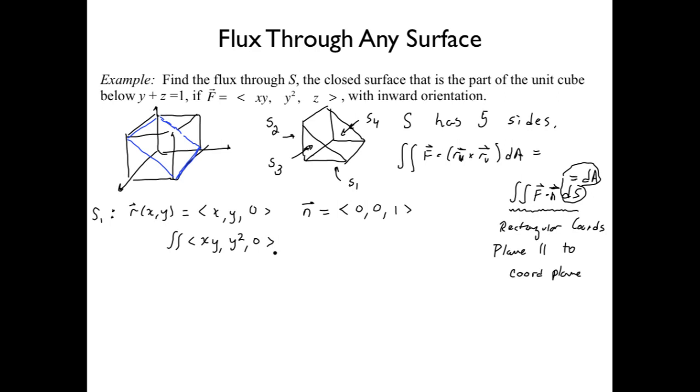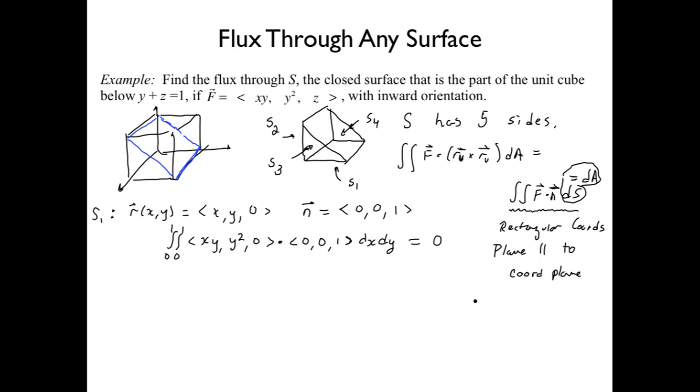So there's our F dot N, with N being 0, 0, 1. And then because we have this very specific criteria met, we can say dx dy, dA. And then x goes from 0 to 1, and y goes from 0 to 1. And that equals 0.